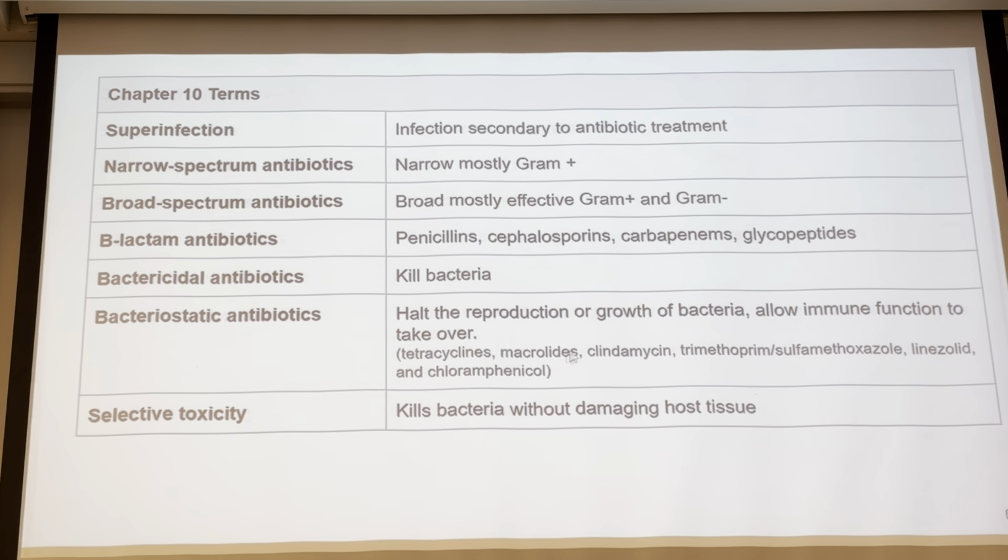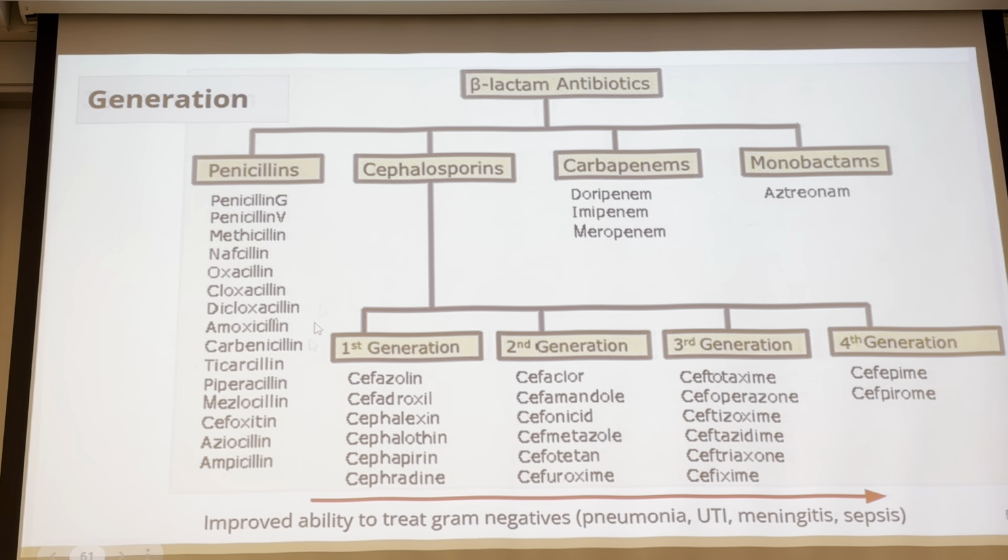So it might be a good idea to go through why. Is it killing it, or is it stopping it from reproducing? Selective toxicity kills bacteria without damaging the host tissue. So that's kind of what we're talking about, selective toxicity. So broad spectrum is the ability to treat gram-positive, gram-negatives.